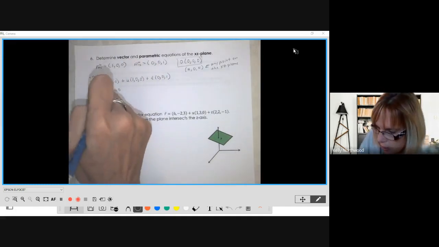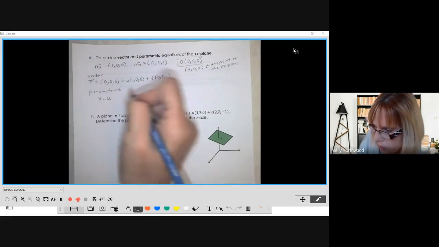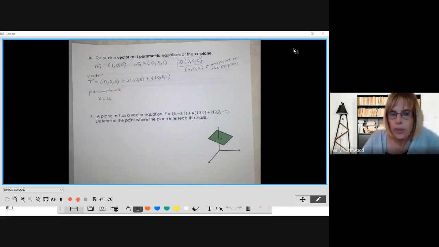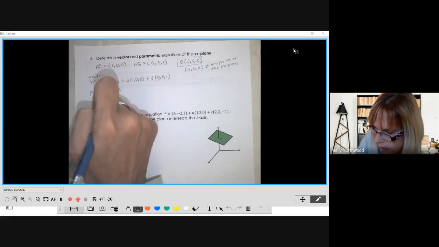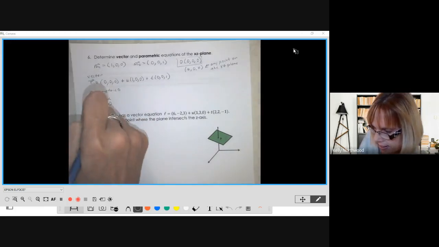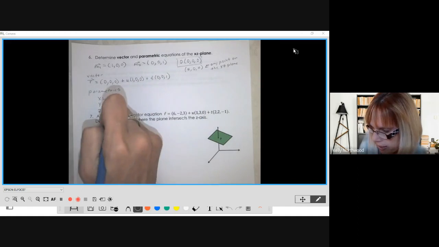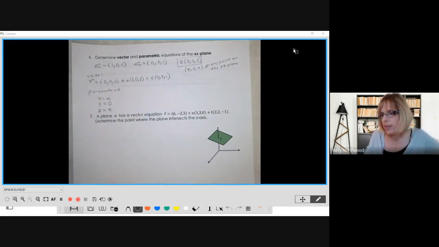So my x parametric is just going to be 0 plus u plus 0. So x equals u. y equals 0. And z equals 1t, or sorry, t. So those are the parametrics of the XZ plane.